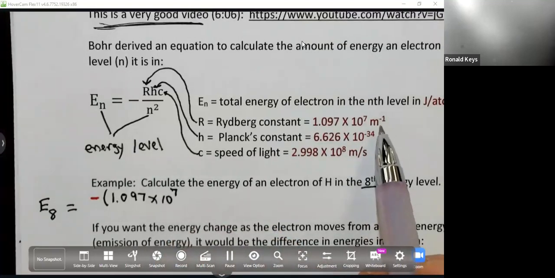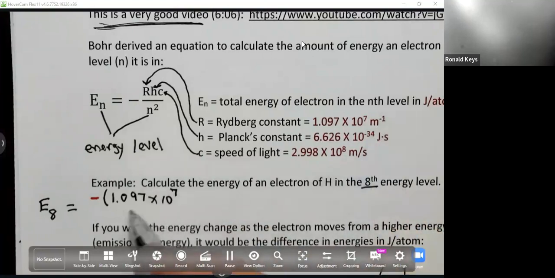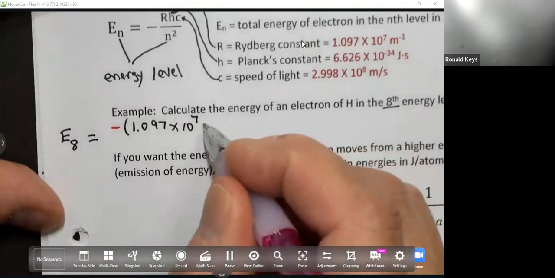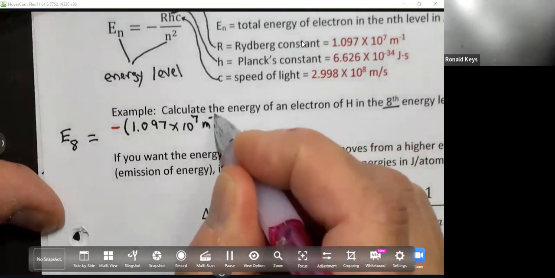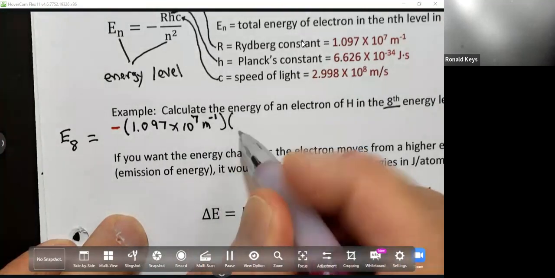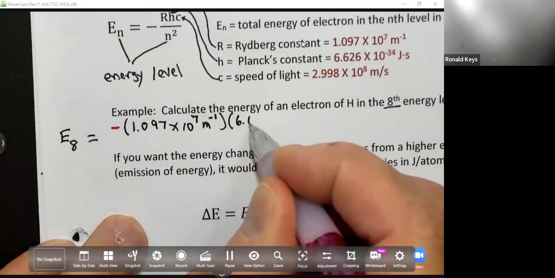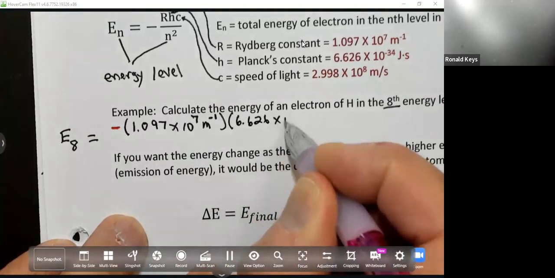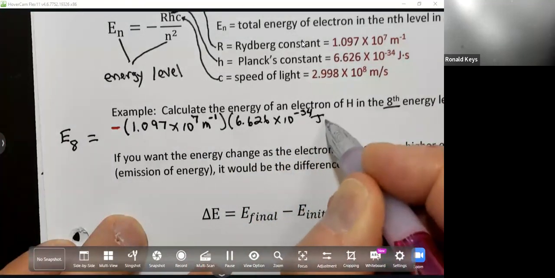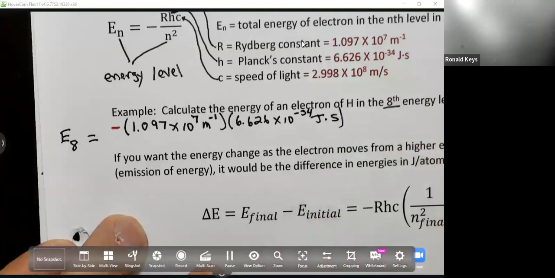Now, what does this m to the minus 1 mean? The meter is in the denominator, correct? We know that this meter really is in the denominator, 1 over meters. So that's meters to the -1. We've got Planck's constant, which is 6.626 times 10 to the -34 joules times seconds.